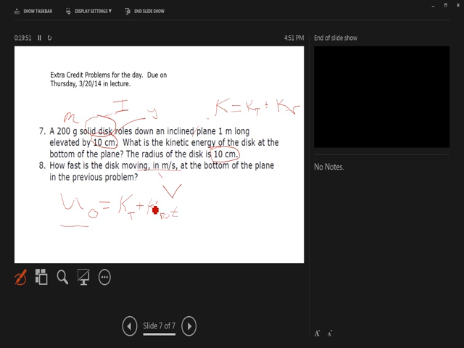And then down here at the bottom you've got 1/2 mv squared and 1/2 I omega squared. And what else do we know about rolling without slipping? Don't we also know the fact that rolling without slipping means V is related to the rotational velocity through omega r. So we can eliminate omega in favor of V and calculate how fast it's going at the bottom. Okay.